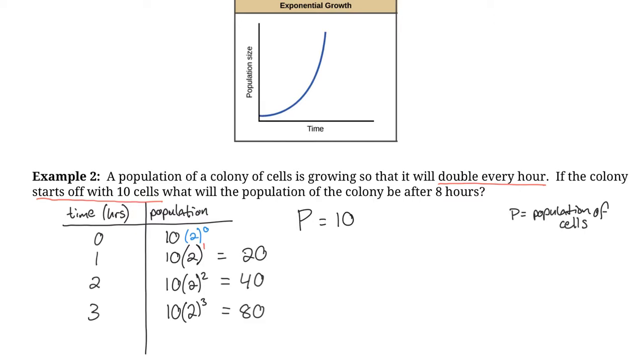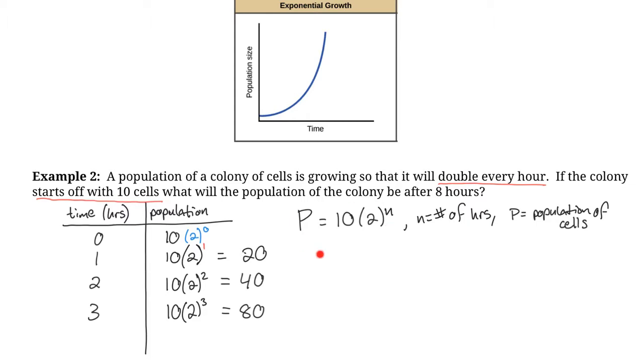So that's the amount we're starting with. 2 is the amount it's increasing by, and this would be our base. Looking at our table, our exponents represent the time, the number of hours. So we can use the letter n to be our exponent, and n is the number of hours.